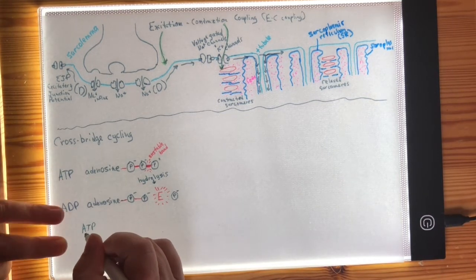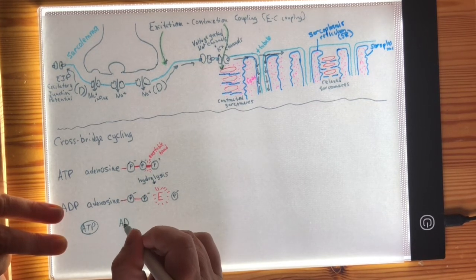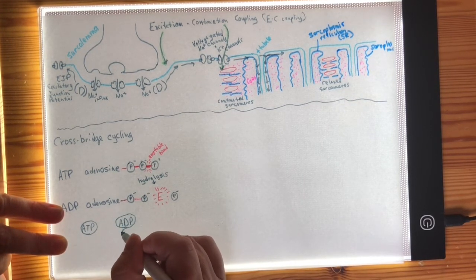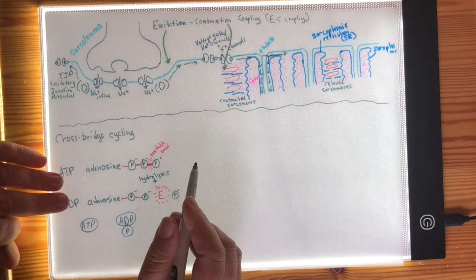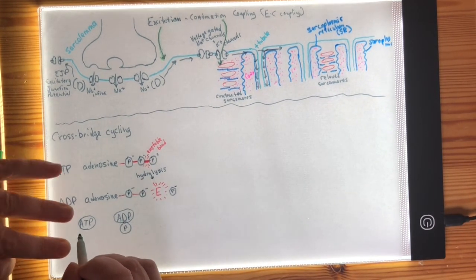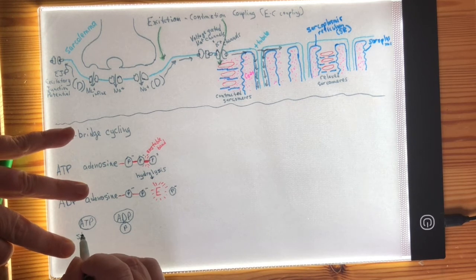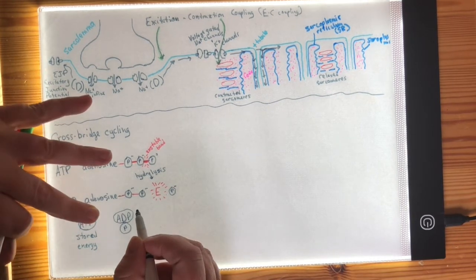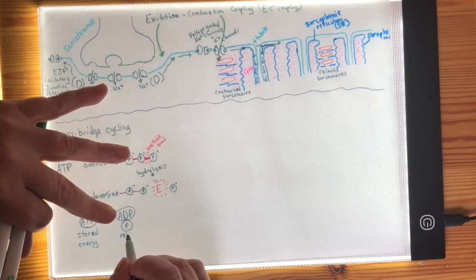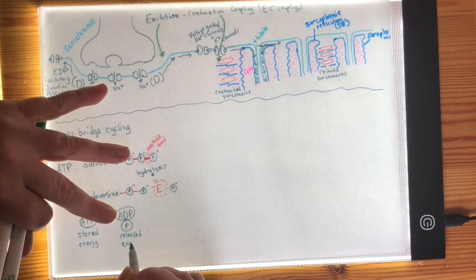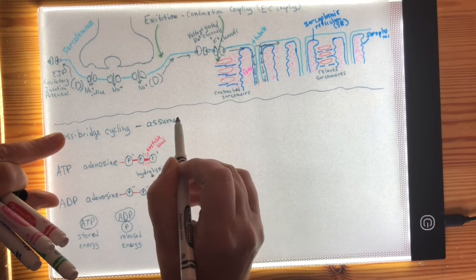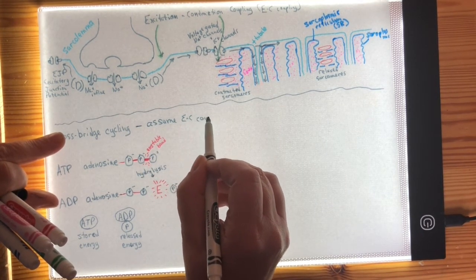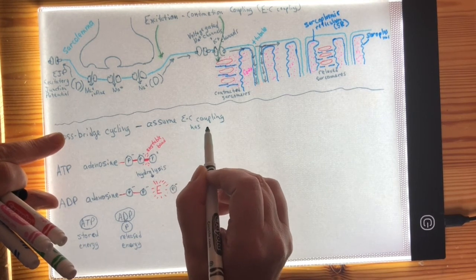To denote the apparatus I was just showing you, either ATP or ADP plus inorganic phosphate, they're going to be shown in the crossbridge cycling diagram as either ATP as a whole structure, unstable, storing a lot of energy, or as ADP with a phosphate attached to the bottom of it, which means that some of the energy has been released. ATP is less stable, ADP is more stable, but the energy released from the hydrolysis of the ATP allows for, in this case, the cocking of the myosin head.